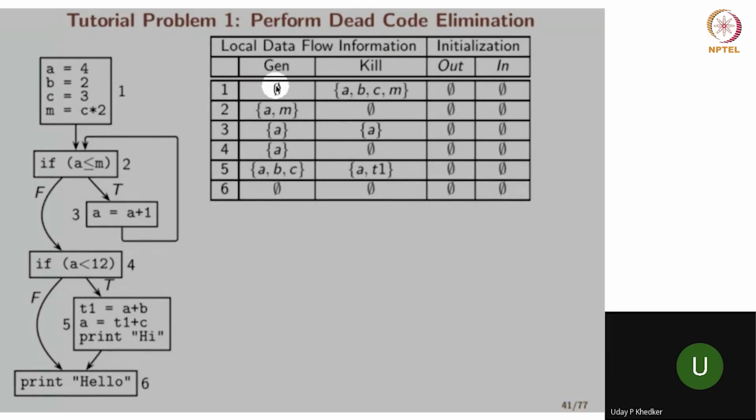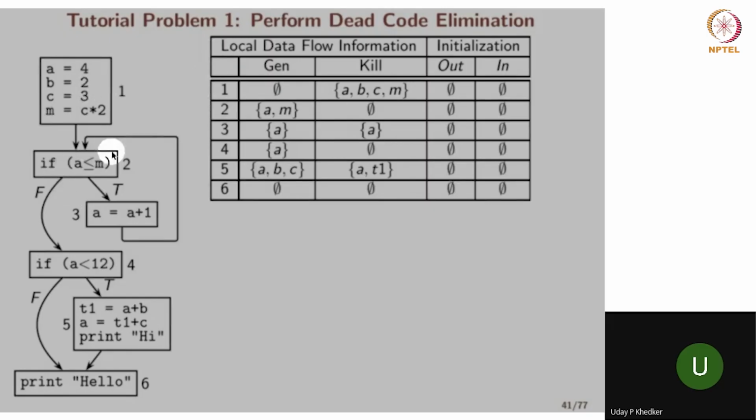Can someone tell me why this is the empty set? Because C is being read, but it is being defined just before. Yes. Although C is being read, it is preceded by a definition of C and no other variable is being read. And kill is A, B, C, as these variables are being defined.